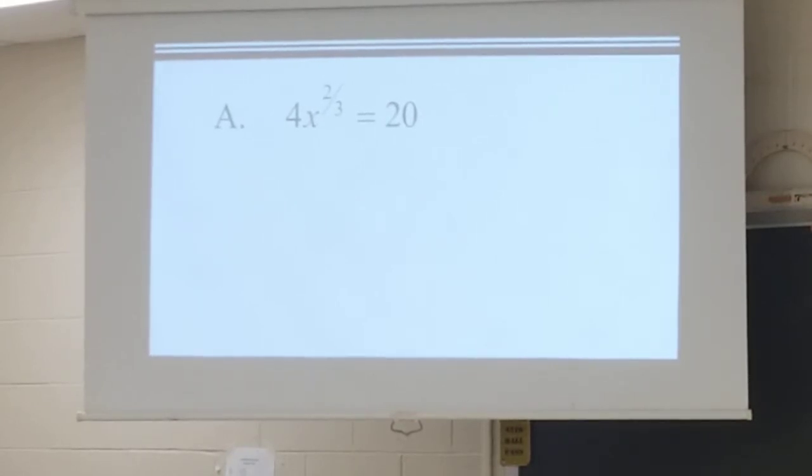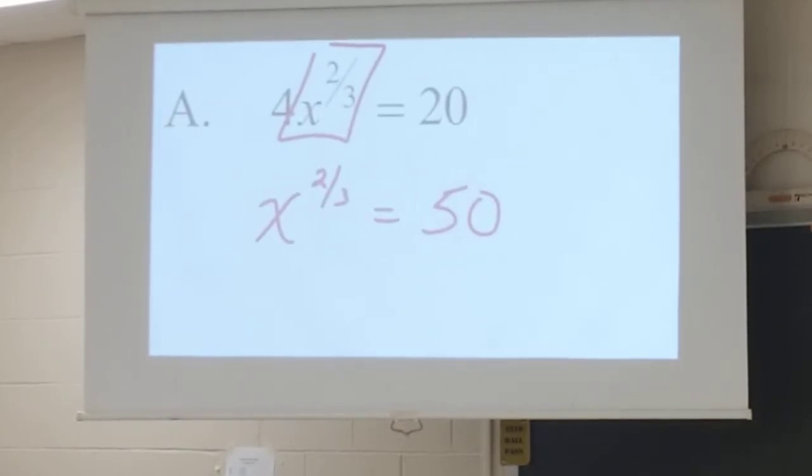When you look at a problem like letter A, I hope that you notice that x is in the base. Why is that special? If x is in the base, we don't want to use logarithms. I hope that you're just going to divide by 4. When you divide by 4, you're isolating, but you're getting yourself ready for the key step, which is to use reciprocals.